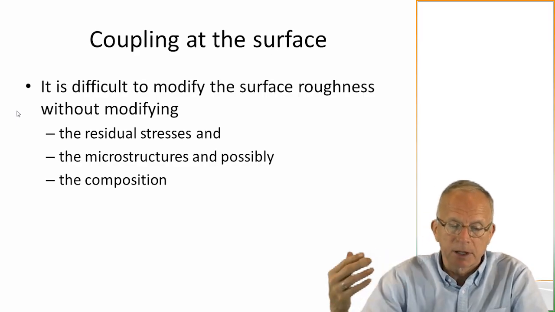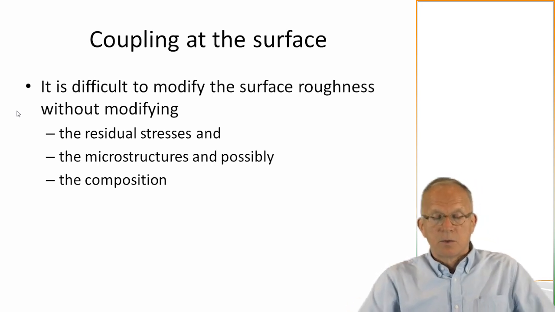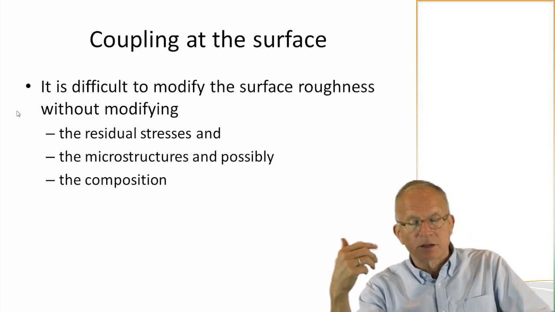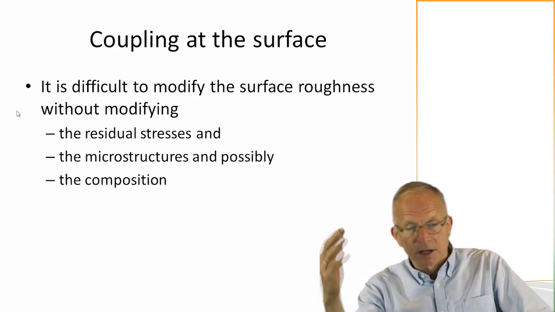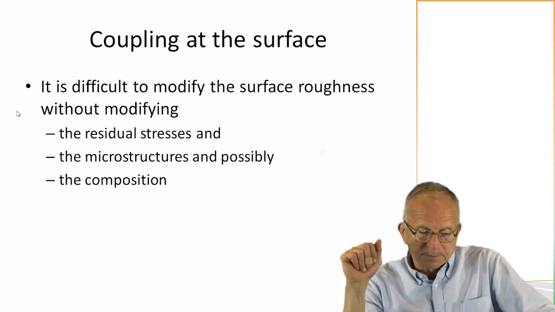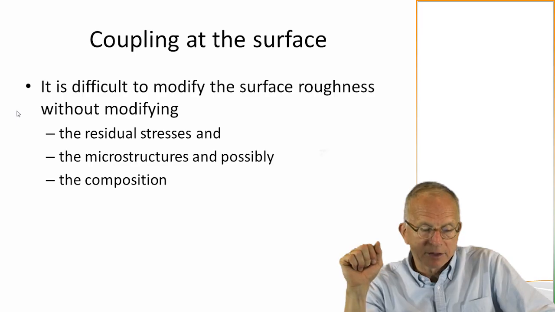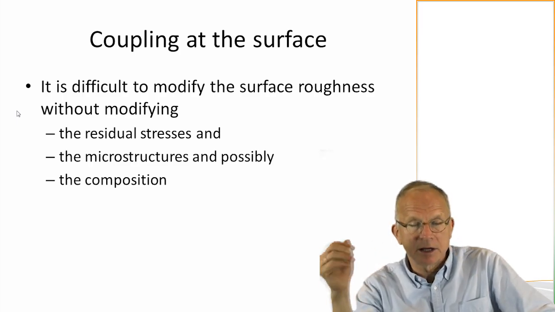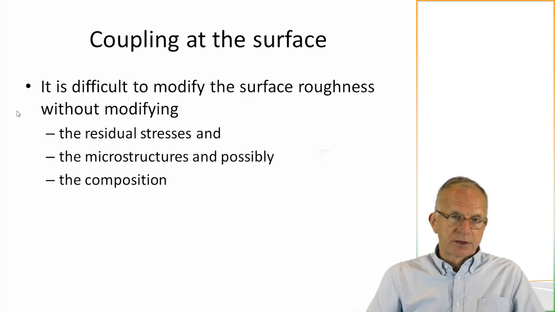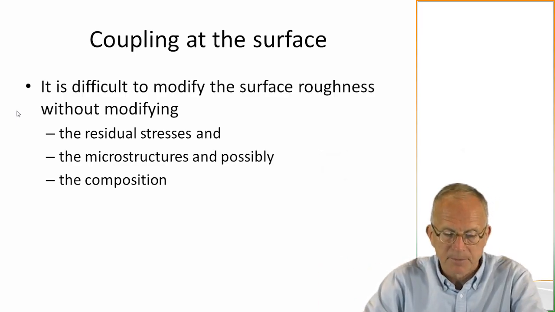Let's just consider coupling at the surface now. Note that it is difficult to modify the surface roughness without modifying residual stresses or maybe the microstructures and possibly the composition as well. Now, the thing to keep in mind is that when we go to modify the surface, it is often inherently coupled, and we have to watch out for these other things that could result in unintended consequences.